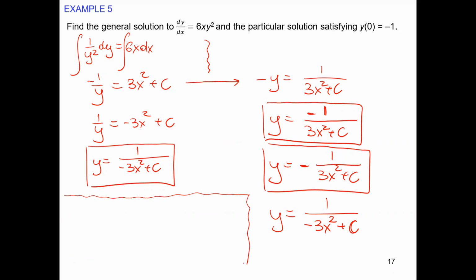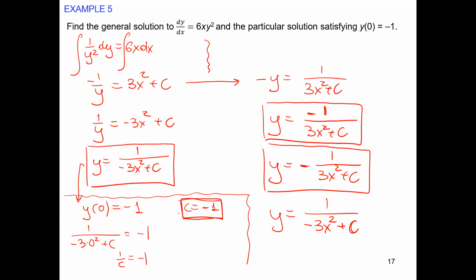Let's compute the constant. I can use this equation. If x is 0, y is negative 1. 1 over negative 3 times 0 plus c equals negative 1. 1 over c equals negative 1. c basically is negative 1.